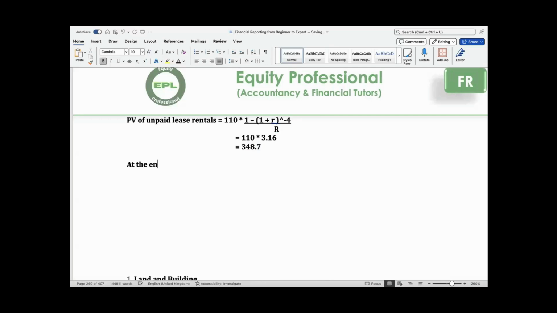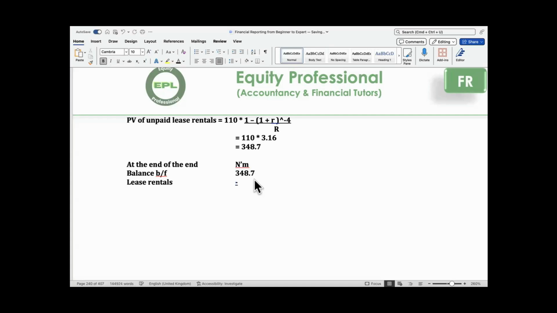So at the end of the year, like I told you, we're just going to do a schedule where you do balance brought forward, which is 348.7. Now, since the rent is paid in advance, you do lease rentals in year 1 to be 0, if you remember, I taught you this.